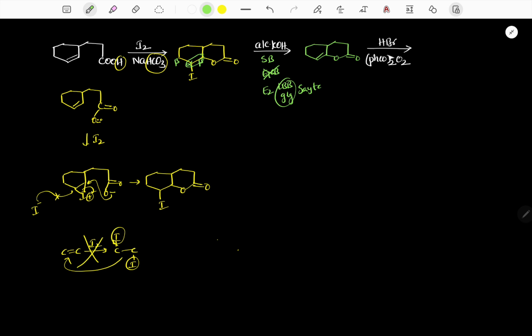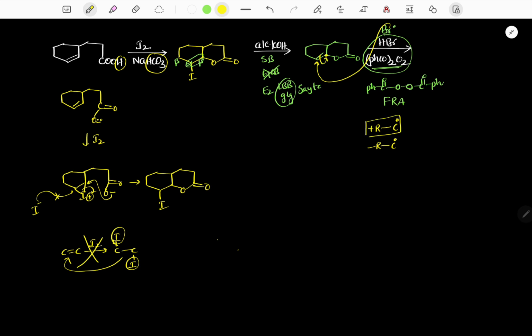Now it is treated with HBr and peroxide. We know that the peroxide is benzoyl peroxide, Ph-C double bond O, O-C double bond O-Ph. It undergoes free radical addition. From this, initially a Br radical will be generated, and the Br radical attacks the alkene and forms a stable radical. A radical can be stabilized by plus R and also by minus R, but plus R radical is more stable than minus R radical.